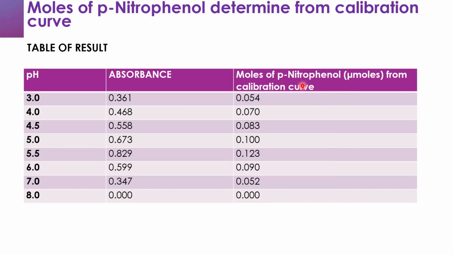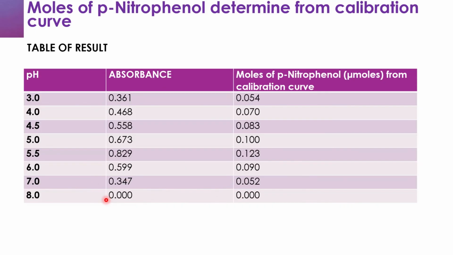If you do that by making S the subject and substituting y with the absorbance values, then we can say that at pH 3.0, the moles of p-nitrophenol hydrolyzed from the calibration curve will be 0.054, and that of pH 4.0 will be this, pH 4.5 will be this, pH 5.0 will be this, pH 5.5 will be this, and that of pH 6.0 will be this, and that of pH 7.0 will be 0.052.